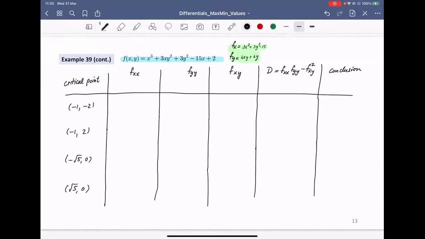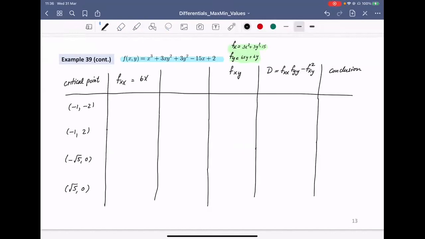When you differentiate with respect to x one more time, you're going to get 6x. Does it make sense? fxx here is going to be 6 times x, because you differentiate 3x squared plus 3y squared minus 15 with respect to x one more time, you get 6x.